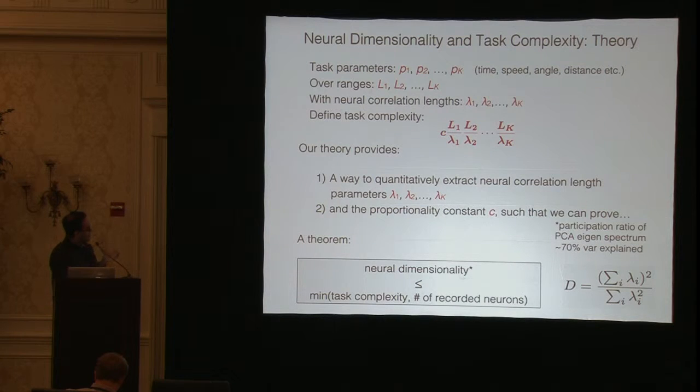Okay, now I've given you just the intuition, but how do we actually mathematically prove this? What we do is we take the parameter by parameter covariance matrix of the neural data, and we systematically destroy structure in the data. And each time we destroy structure, we prove the dimensionality goes up. How do we destroy the structure? We first find the best tensor product approximation to the covariance matrix that factorizes across task parameters. That's how we get this product form.